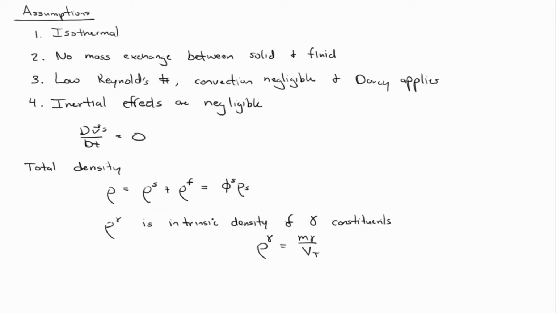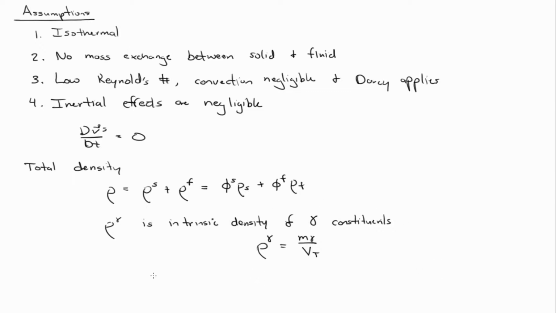So that would be the mass of the solid divided by the volume of the solid. Plus, I'll write the equation down to clarify. So some volume fraction times the density of the fluid, right?